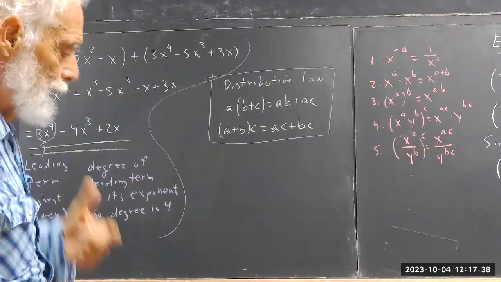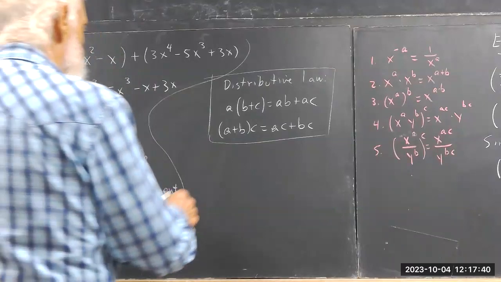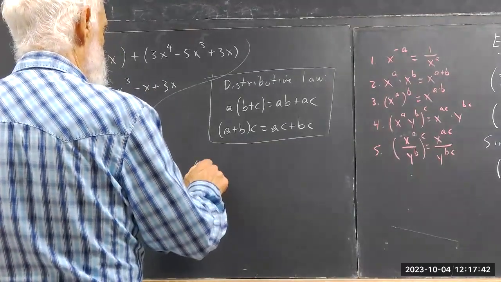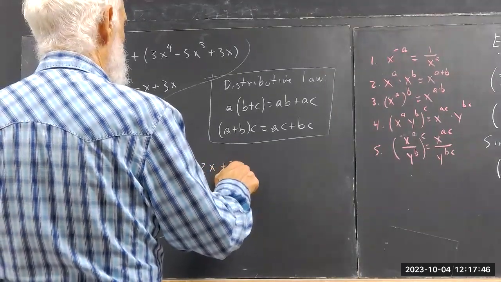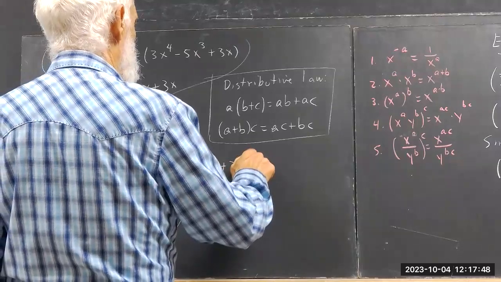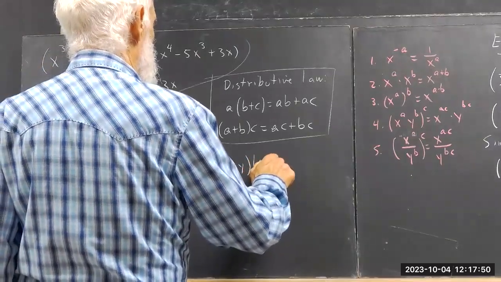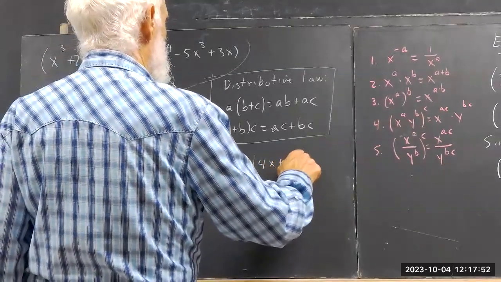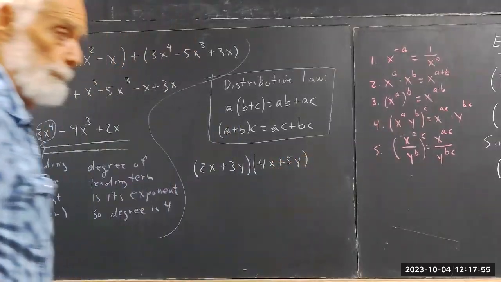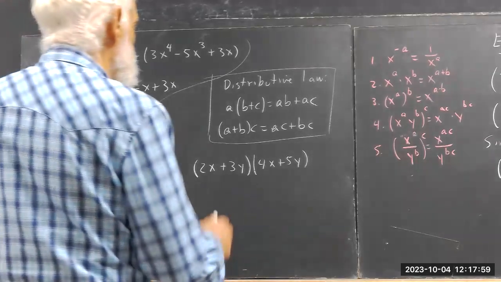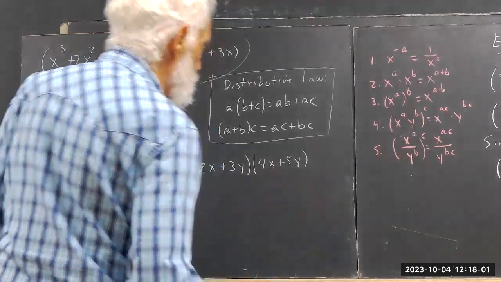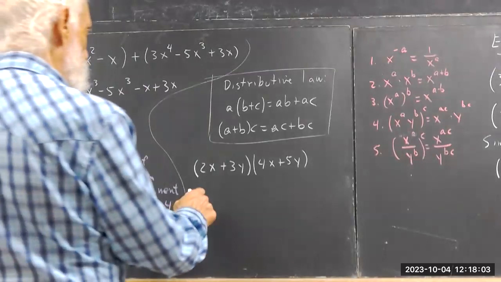Okay. Now, if you multiply, let's say, 2x plus 3y times 4x plus 5y, what do you get? Well, you use the distributive law, you actually use it twice.